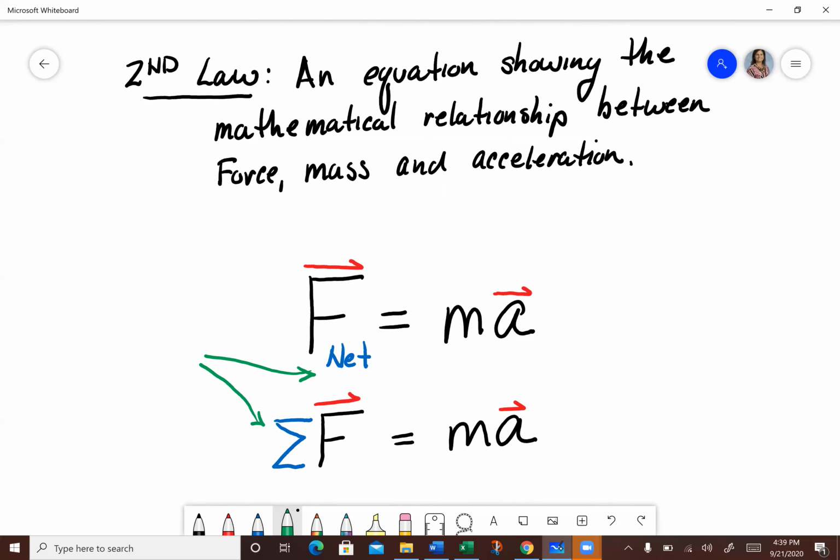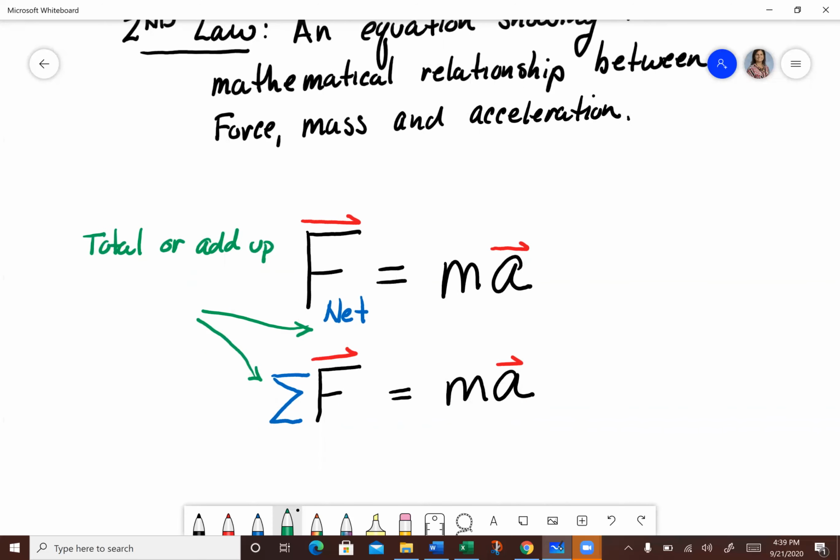They mean total, or add up. So sigma, sum of, add up all your forces acting on an object, and then you can determine its mass times its acceleration. An equation very simply written like this says so much. It's one of the most important equations in physics and will be one of the most important equations as we study this mechanics unit of objects in motion or not in motion in our structures.